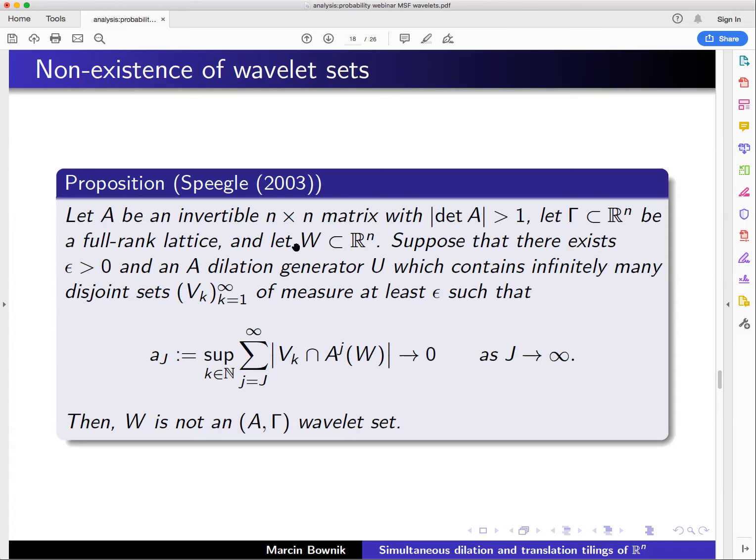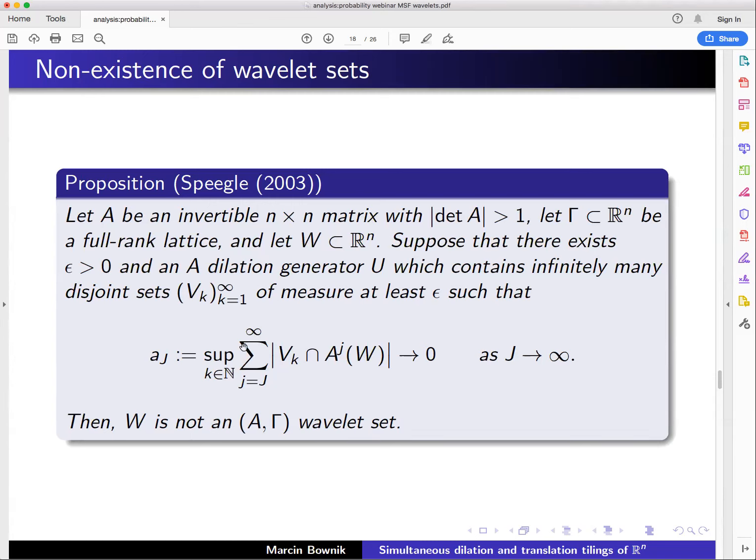So you start from a set W, which is a candidate for the wavelet set. Now suppose that there exists epsilon and a dilation generator U that contains infinitely many disjoint sets V_k of measure at least epsilon. Then you look at each of those disjoint sets V_k, and you look at how much they intersect with positive powers of the dilations of the set W, and you look at the tail of that.